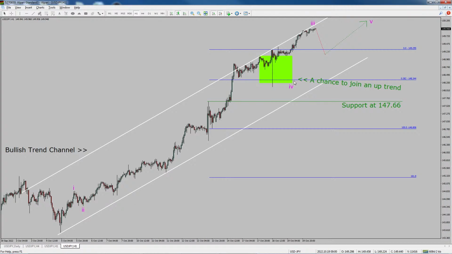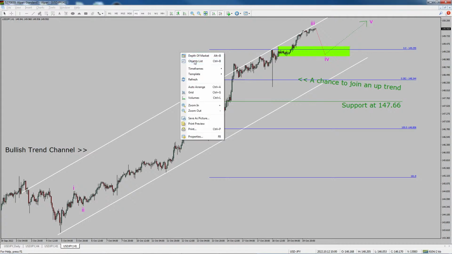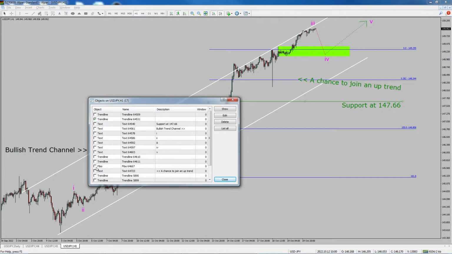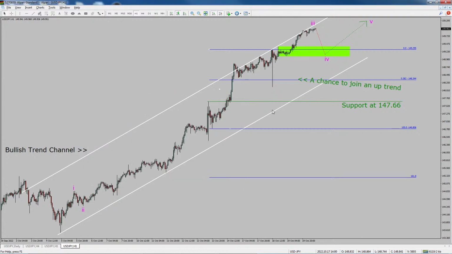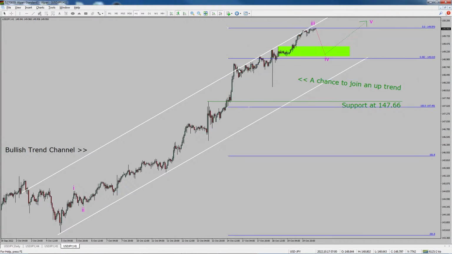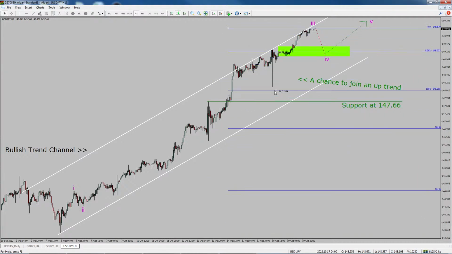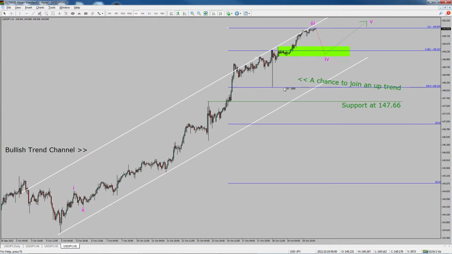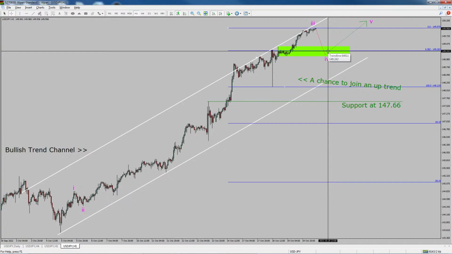So do we have a trading chance? And the answer is yes. This is the wave 4 pullback area, so 38.2% goes right inside.